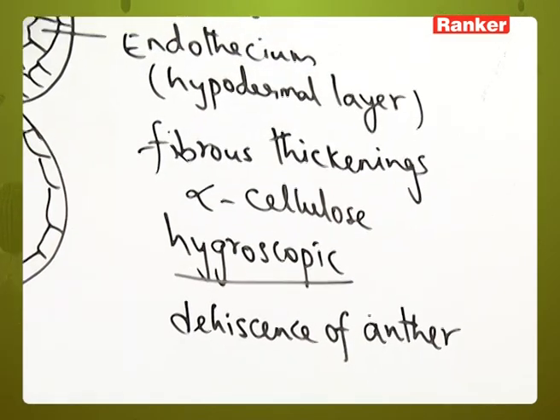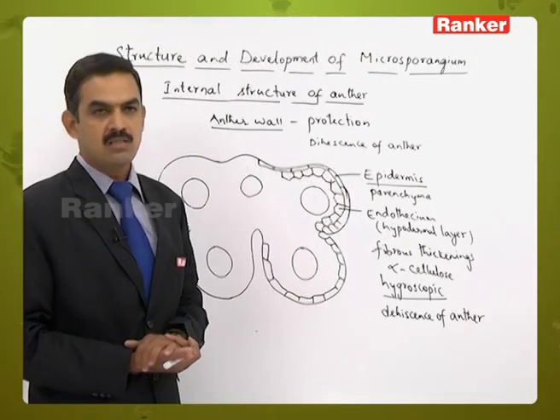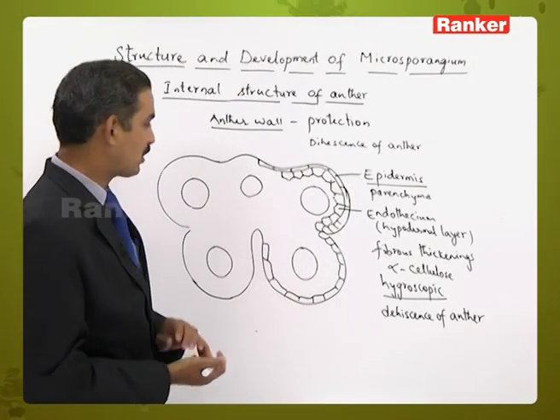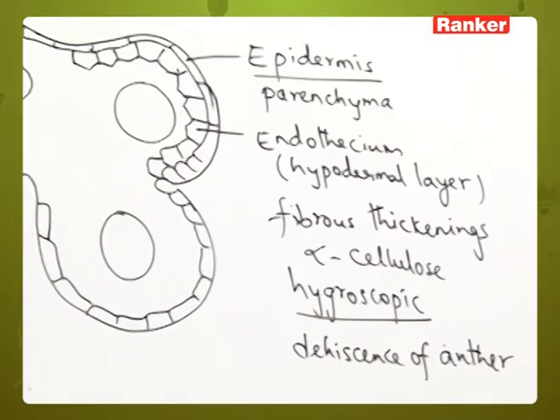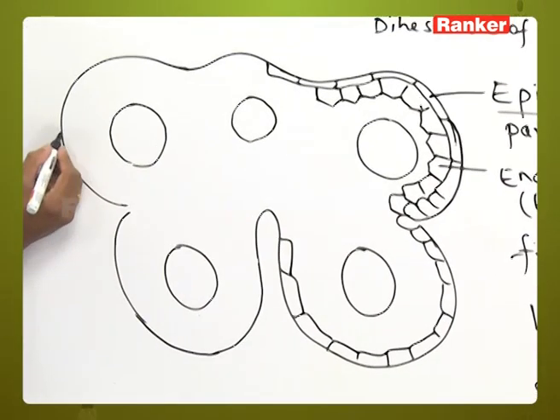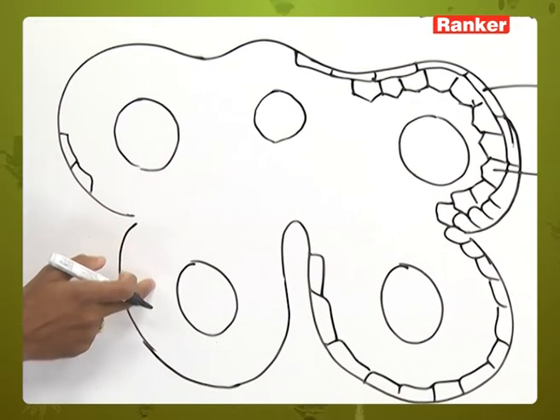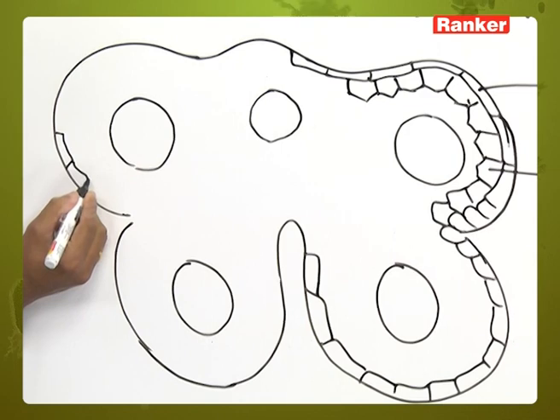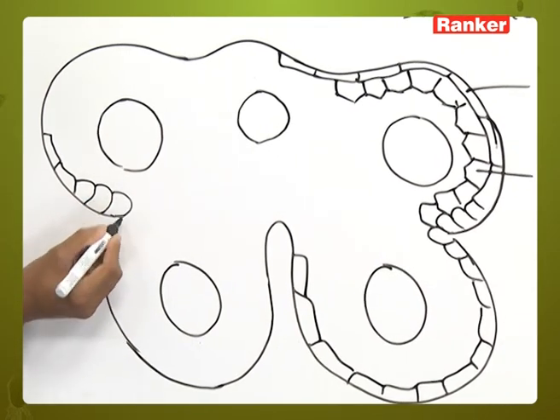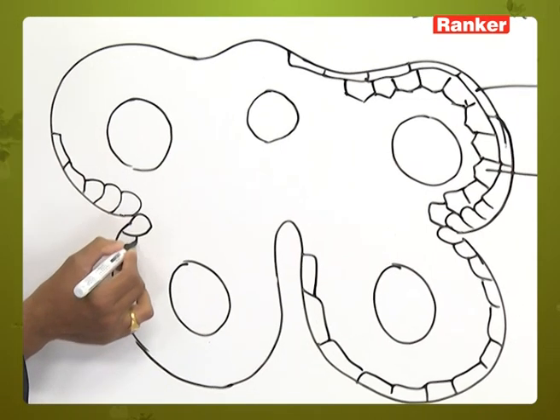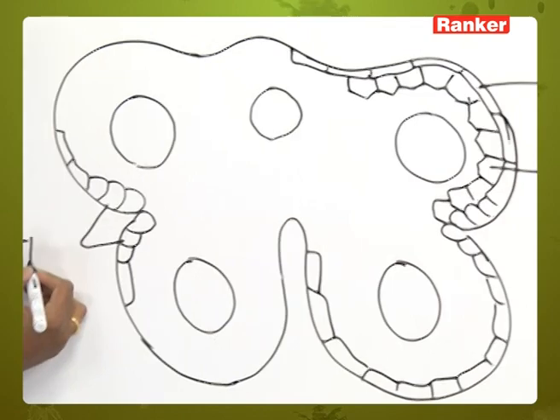And in epidermis also there are some specialized thin walled large size cells present. Those are called as stomium cells. So this is the epidermis as we have said here. Let's come to this side so it will be very much clear. In the epidermis part, between the two pollen sacs, some of the epidermal cells become larger and thin walled. These larger and thin walled cells are called as stomium cells.